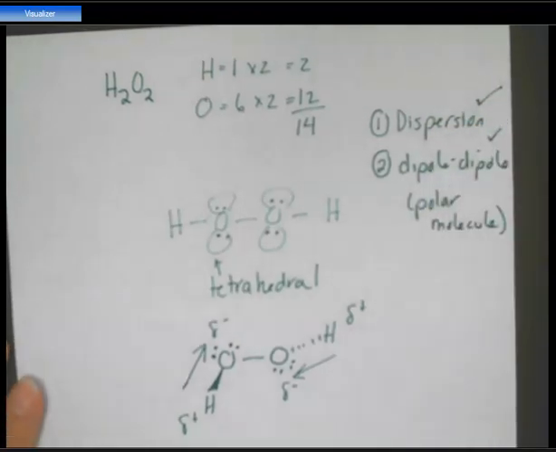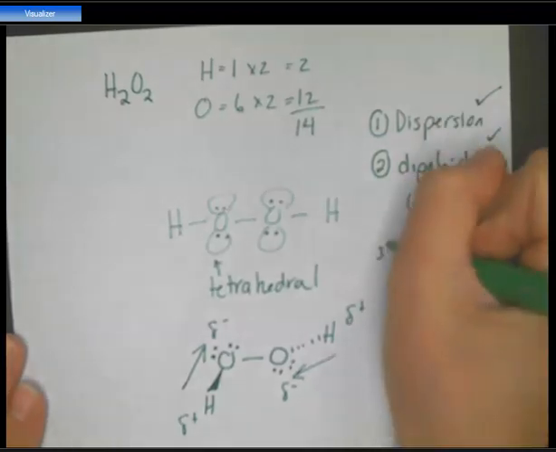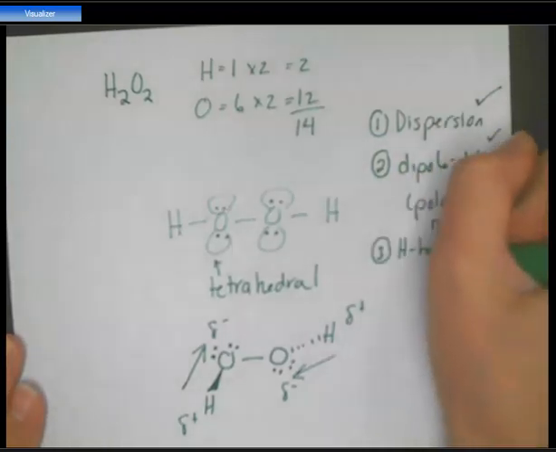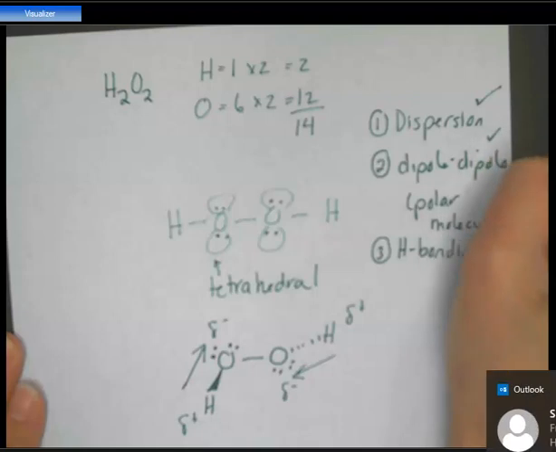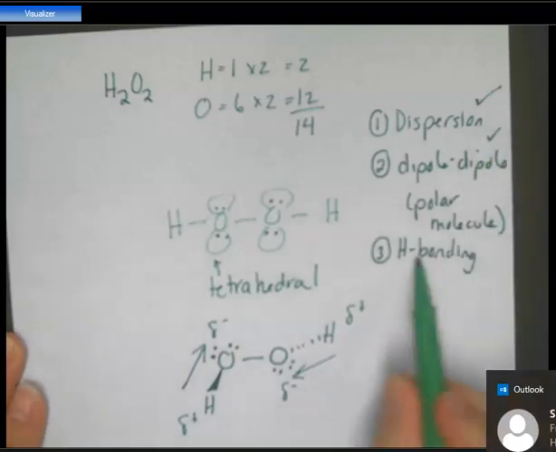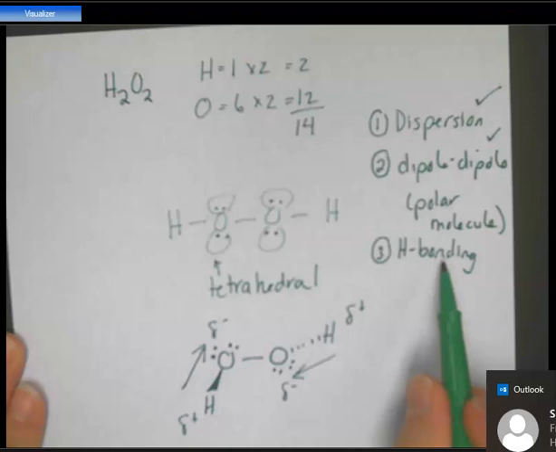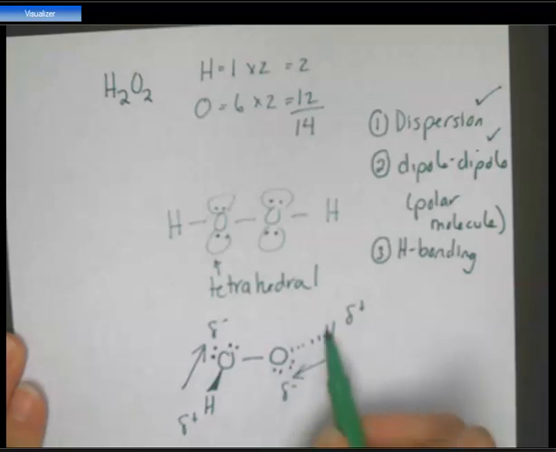All right, and then the last type is hydrogen bonding. Okay, and we can get hydrogen bonding because we have a hydrogen, we have to have that first, and that hydrogen needs to be bonded to an oxygen, a nitrogen, or a fluorine.